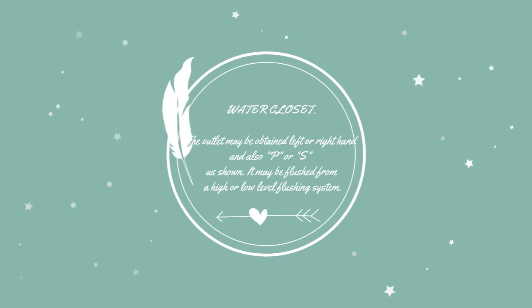The most widely used pattern is the wash down, in which the contents of the pan are removed by gravity water flush. The outlet may be obtained left or right hand and also P or S as shown. It may be flushed from a high or low level flushing system. The high level system provides a more effective flush compared to the low level system.